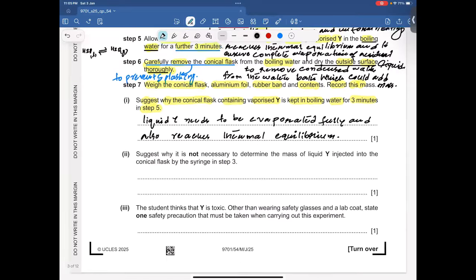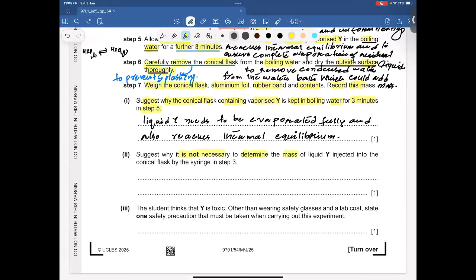Suggest why it is not necessary to determine the mass of liquid Y injected into the conical flask by the syringe in step 3, because the initial amount is already greater than the required amount.